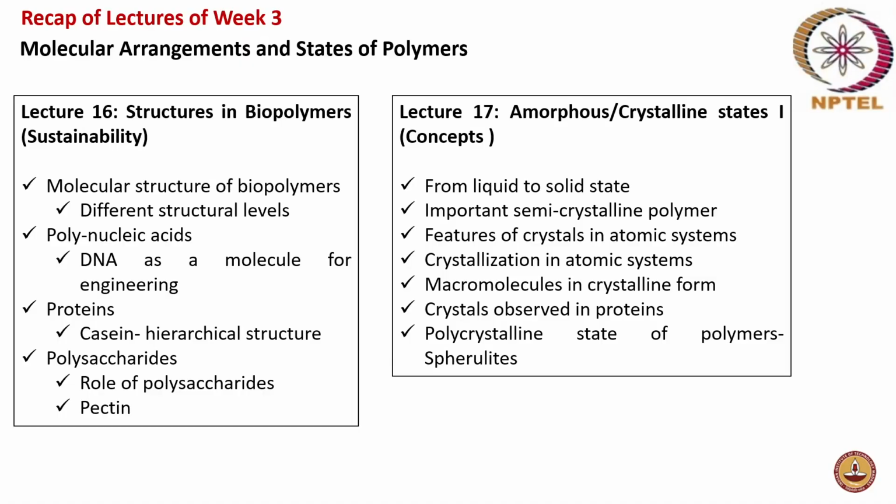Crystallization in atomic systems and then macromolecules in crystalline form was discussed. What crystals are observed in the case of protein was discussed, right? And then the rate of crystallization is strongly influenced by the conditions of crystallization.